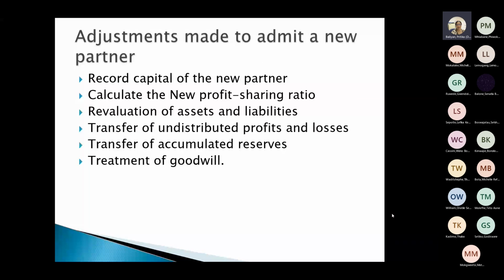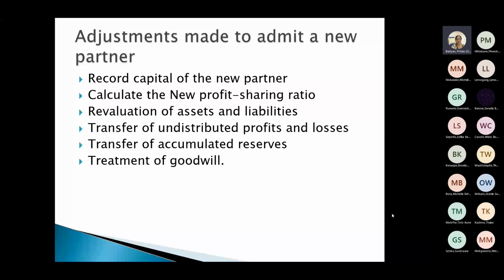So what kind of adjustments need to be made to admit a new partner? When a new partner is admitted to the partnership, the capital of the new partner has to be recorded in the capital account. They also need to calculate the new profit sharing ratio, because previously maybe there were three partners, now there are four.